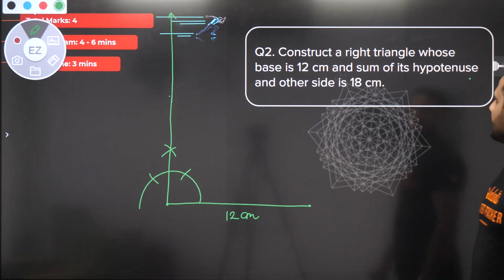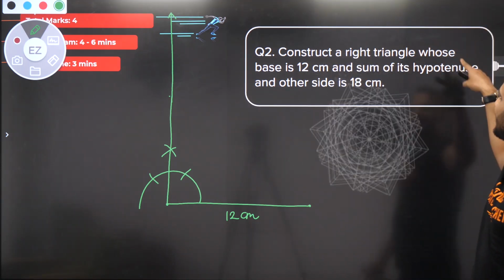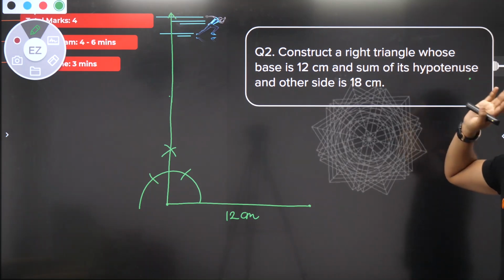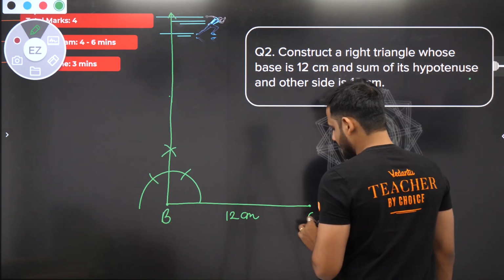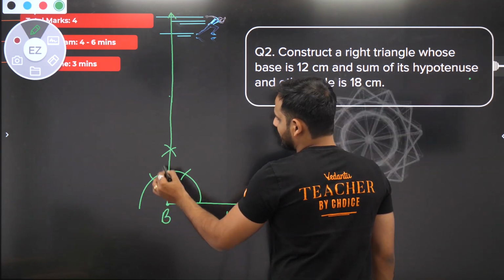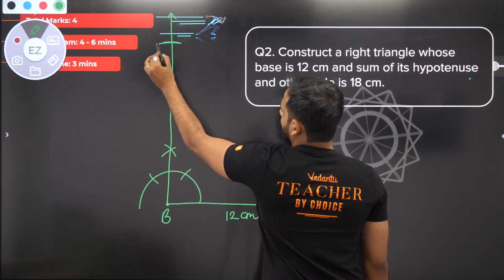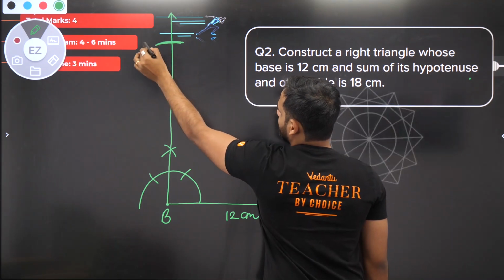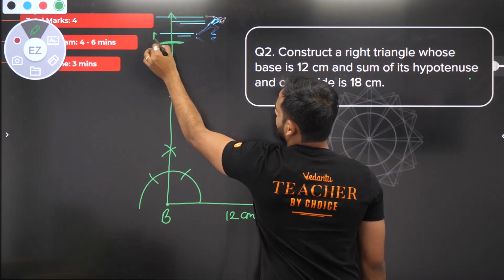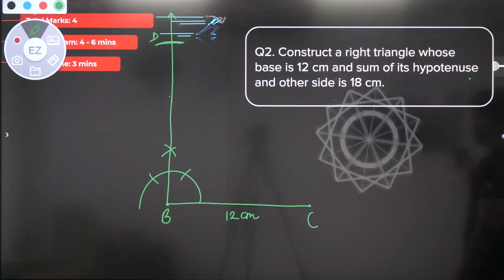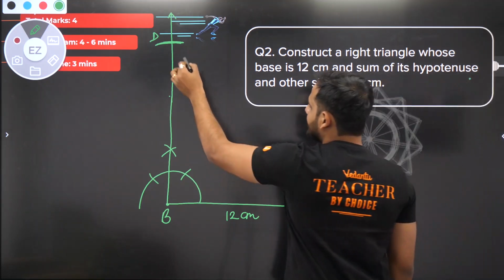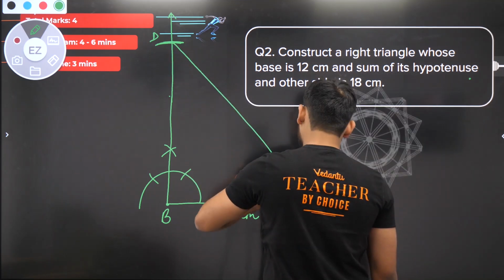Now they are saying that the sum of the hypotenuse and the other side is 18 centimeter. So at this point B, open the tip of the compass and make one cut at the length of 18 centimeter. Let's say this is the point D. Make one cut at D. Once you have done this, bachcho, join D with C.